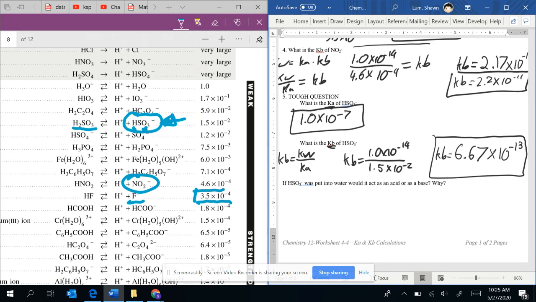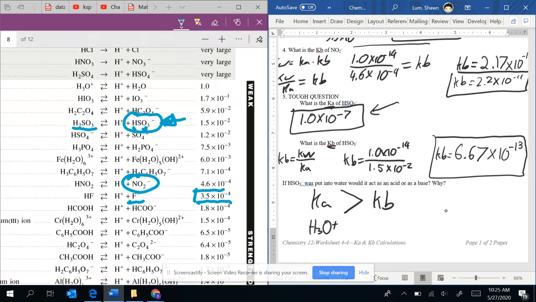Now, this number up here is much, much bigger. So the Ka is much, much bigger than the Kb. So what that means is that this HSO3 will produce more H3O plus.